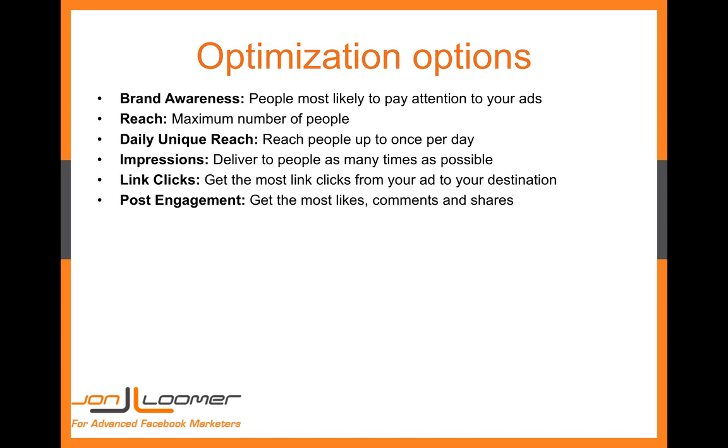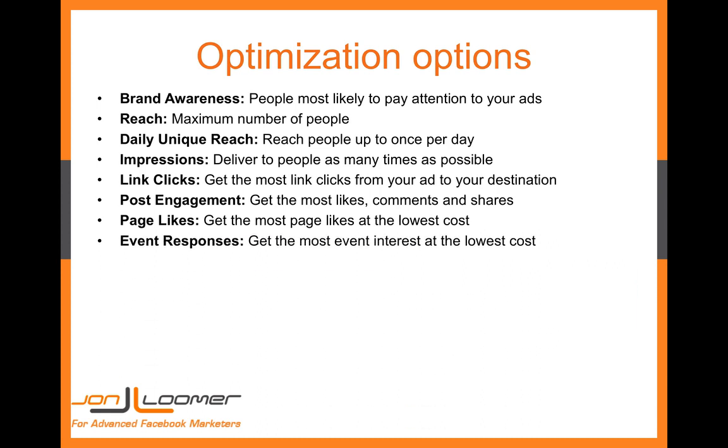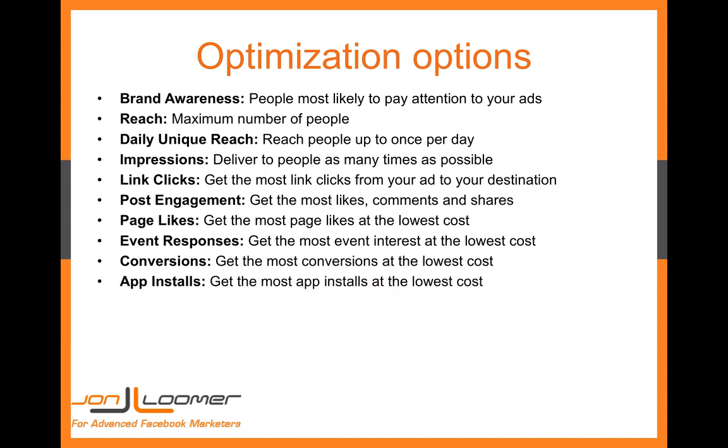Post engagement, get the most likes, comments, and shares. So again, Facebook's going to show it to people who've been proven to do that. Page likes, get the most page likes at the lowest cost. Event responses, get the most event interest, so not necessarily even a response, but event interest at the lowest cost. Conversions, get the most conversions at the lowest cost. App installs, get the most app installs at the lowest cost. Pretty straightforward, right?